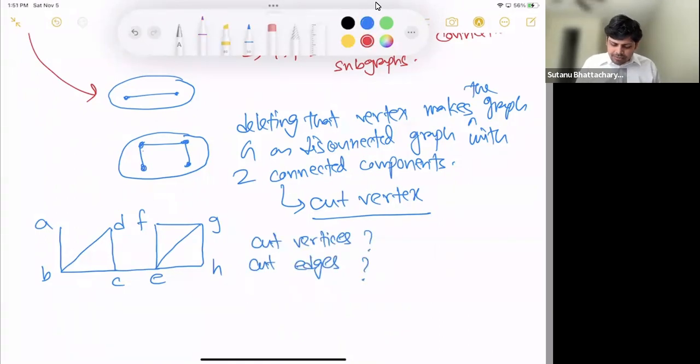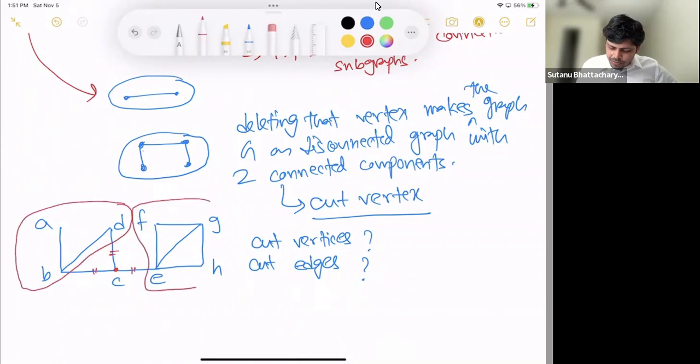If you delete C from this graph, you also need to delete all incident edges on C. So you will delete this edge, this edge, this edge. If you delete those edges along with C, then there will be two components. So deleting C will make this graph disconnected. So obviously C is one cut vertex.